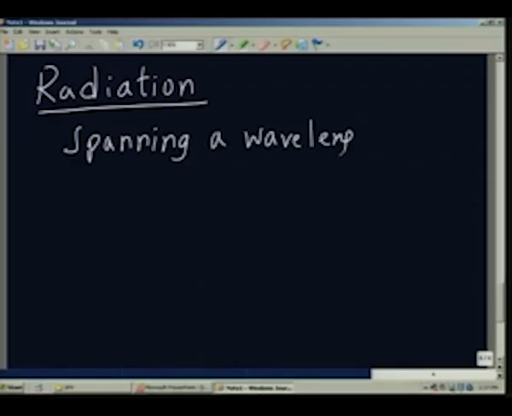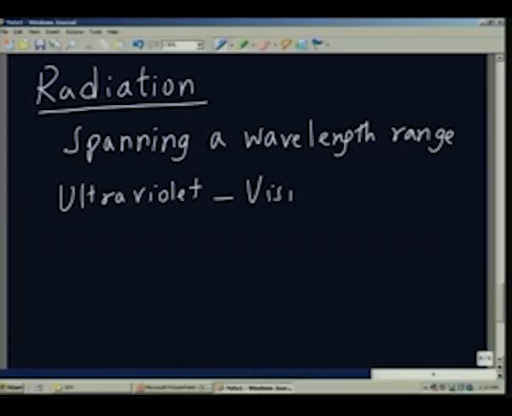The radiation which we are going to talk about may span from ultraviolet, going from low wavelength towards higher wavelength, then we have visible, and then we have the infrared. So, we can generally divide the wavelength range into three categories: the ultraviolet range, the visible part of the spectrum, and the infrared part of the spectrum.